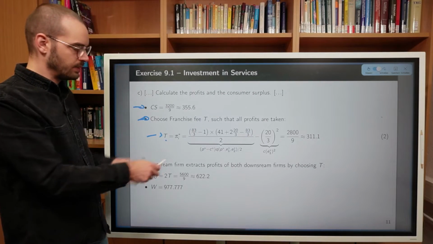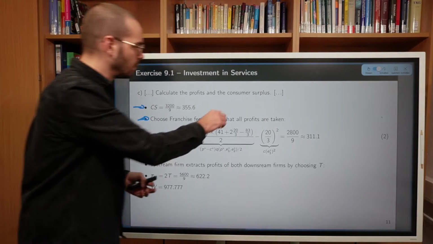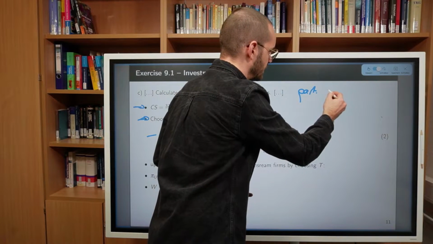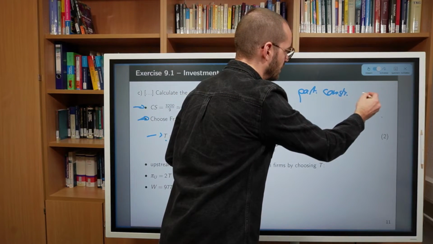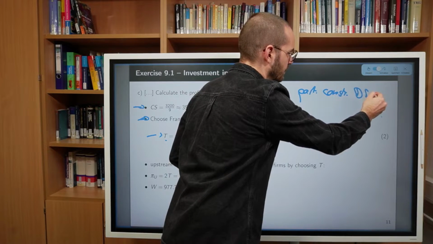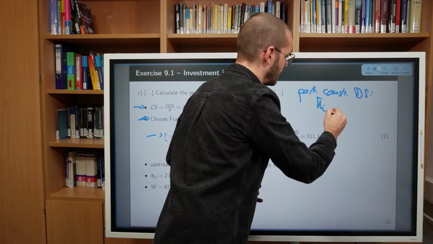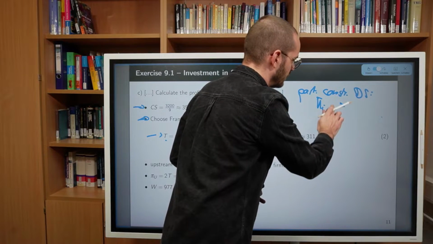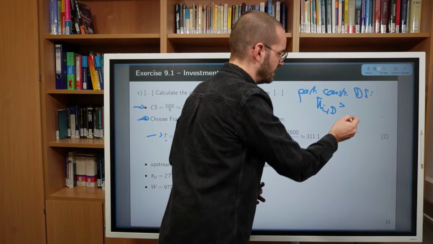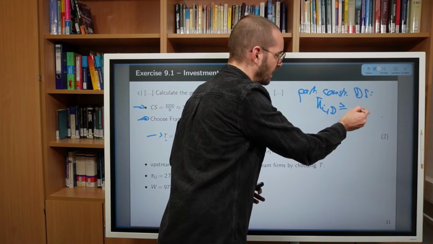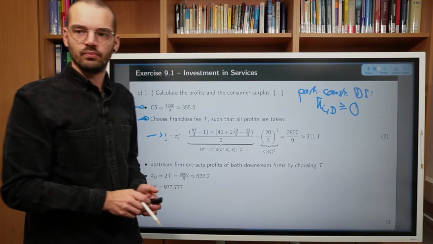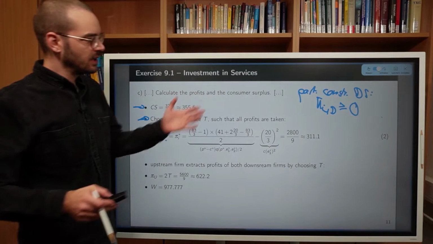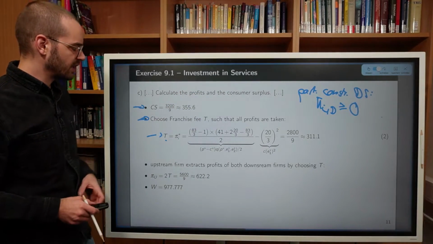As long as this participation constraint holds, and this participation constraint for downstream would be pi I, d, so the individual firm's profits downstream, must be larger or equal than 0, right? That's the participation constraint. As long as that is given, downstream will agree to the contract.